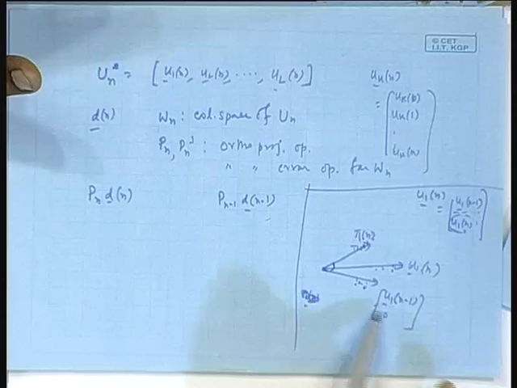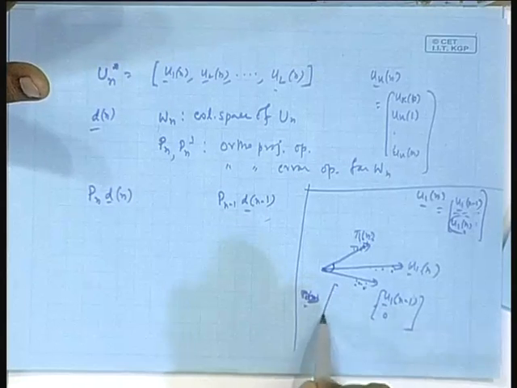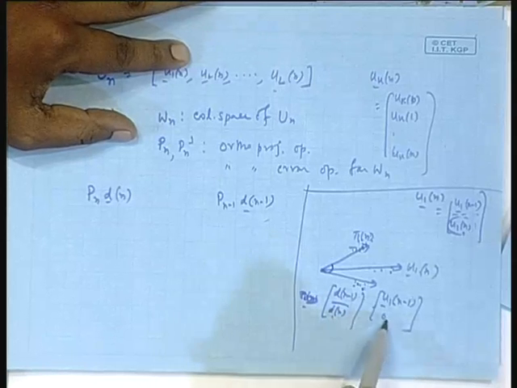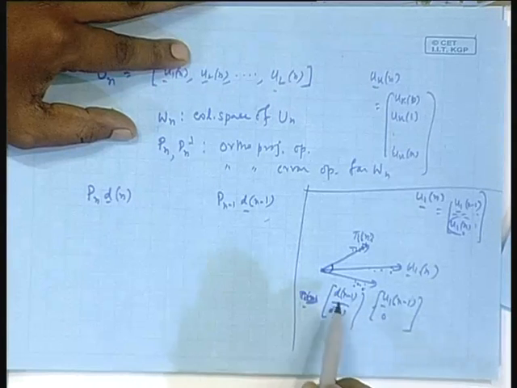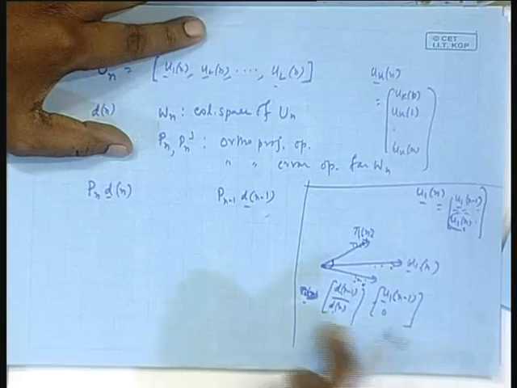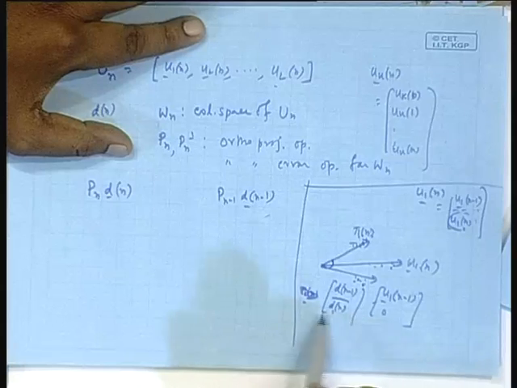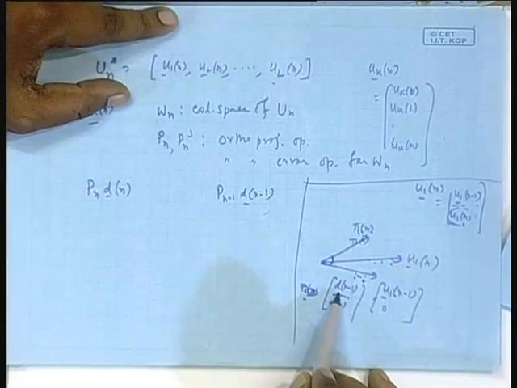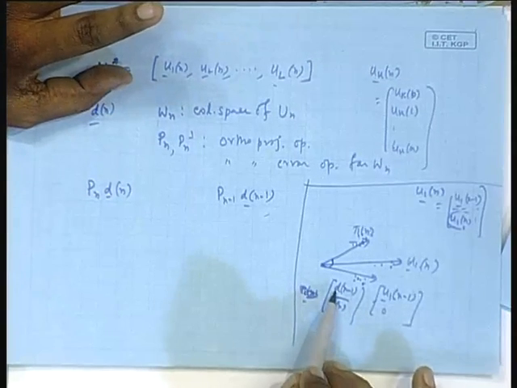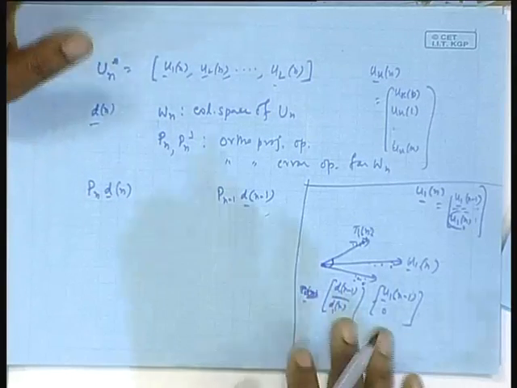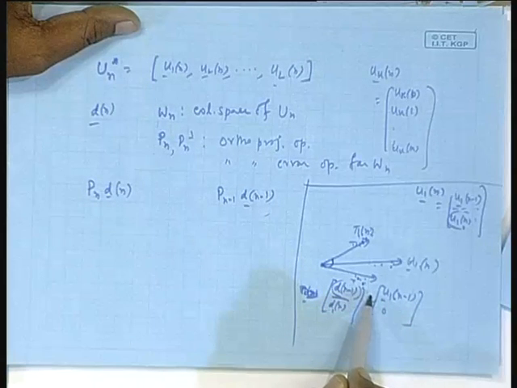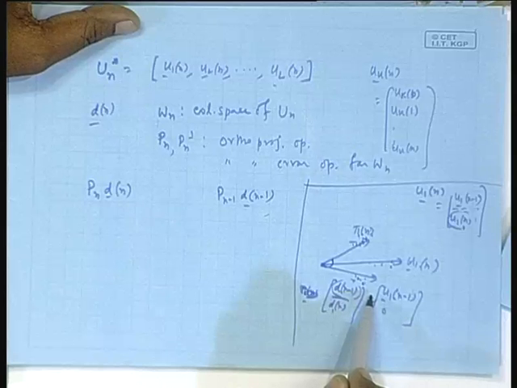D n will be a vector like this, d n minus 1 and d n. So d n and 0 will cancel in the inner product, and you have to take this and this. Lambda will come up. When you take the inner product, the last two entries are multiplied with 0, but in the last but one entry a lambda will come up. Take lambda common, lambda square up to lambda to the power n. So if you take one lambda common, it will simply be the inner product between this vector and this vector.